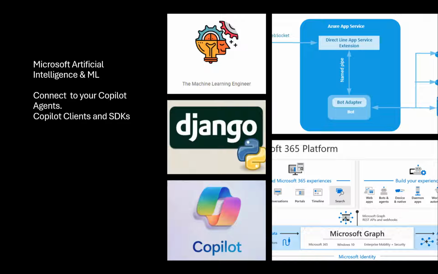But today let's think of the scenario where we have an application which wants to use one of the agents that we have available and deployed in our Copilot Studio and in the 365 ecosystem of Microsoft.